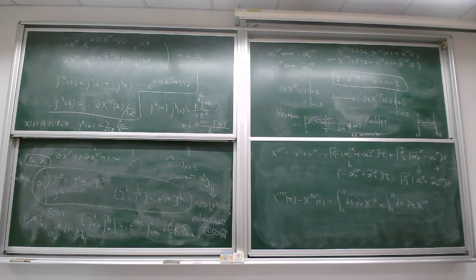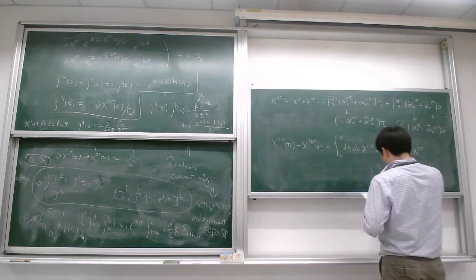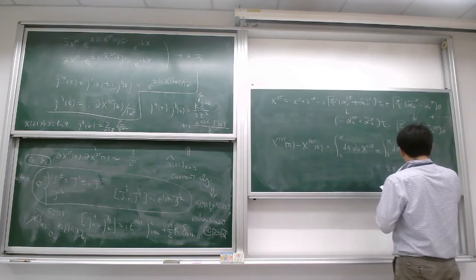Then, if you take the derivative with respect to t, you get the momentum. So this is momentum. Therefore, you get 2 pi alpha prime times p25.